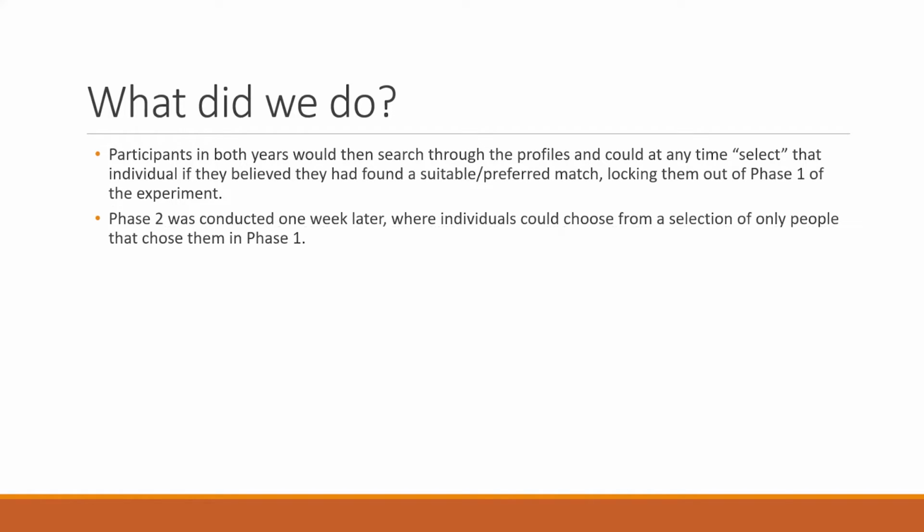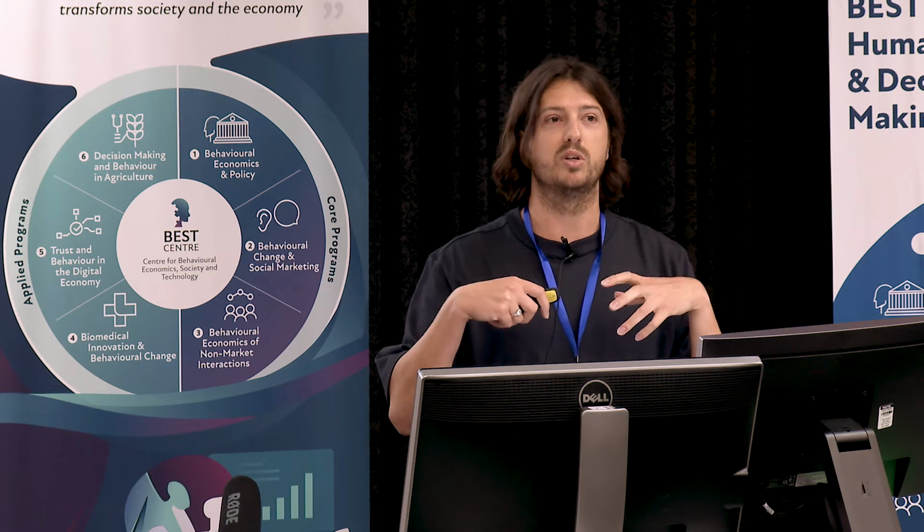Participants in both years would then search through the profiles and could at any time select that individual if they believed they'd found a suitable preferred match, okay? And that would lock them out of phase 1 for the duration. Phase 2 was then conducted a week later, where individuals could then choose from a selection of only the people that chose them in phase 1. So yeah, some people missed out.